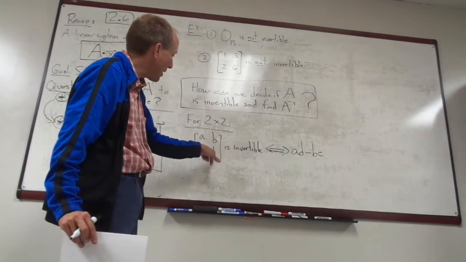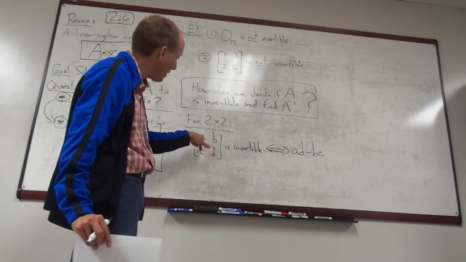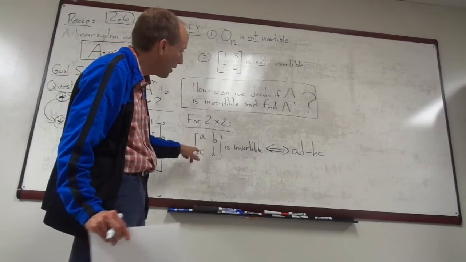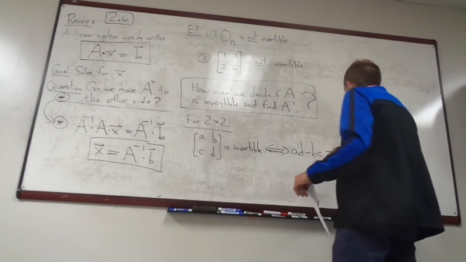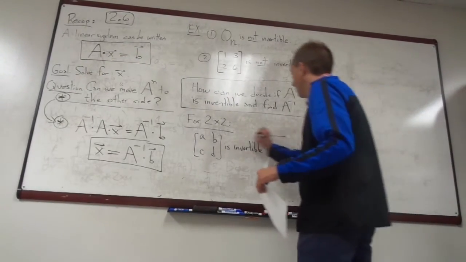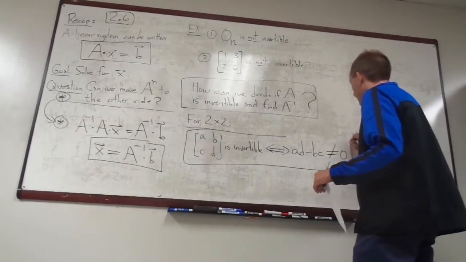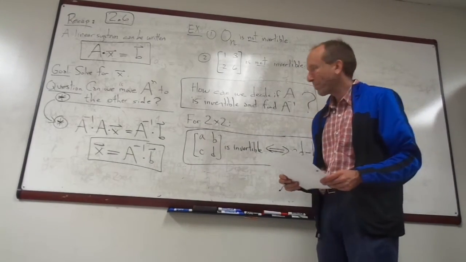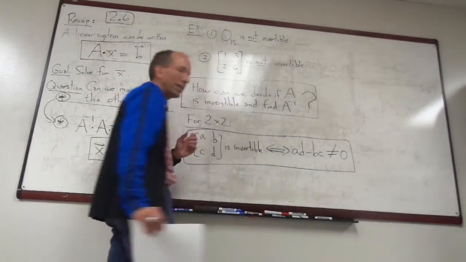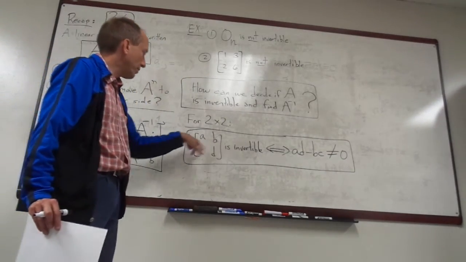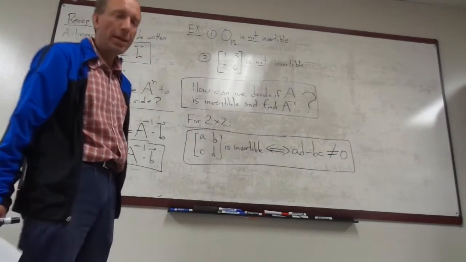So the main diagonal, a times d, multiply that together, and then subtract the other two numbers, bc. If that is not 0, then the matrix is invertible. So that's easy to calculate, because you just have to do this multiplication, ad minus bc.